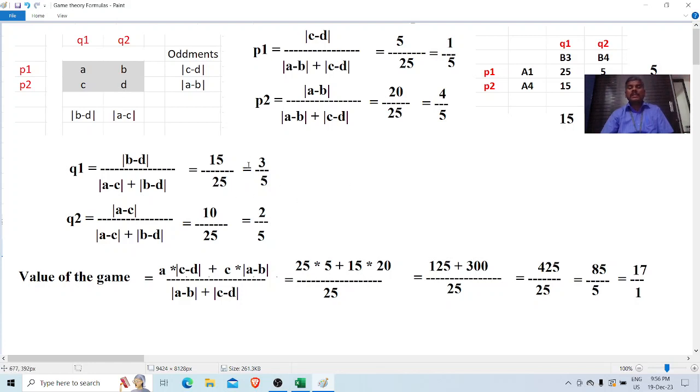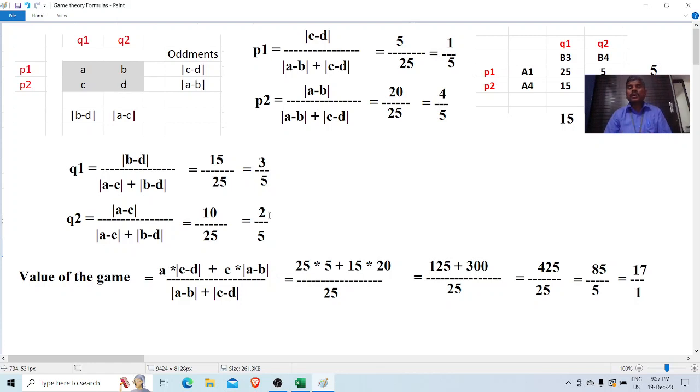The probability with which player B has to use the fourth strategy is 2 by 5. And the value of the game is 17, which has positive sign. So who will win the game? Firm A will win the game, and the value will be 17 points or 17 units of money.